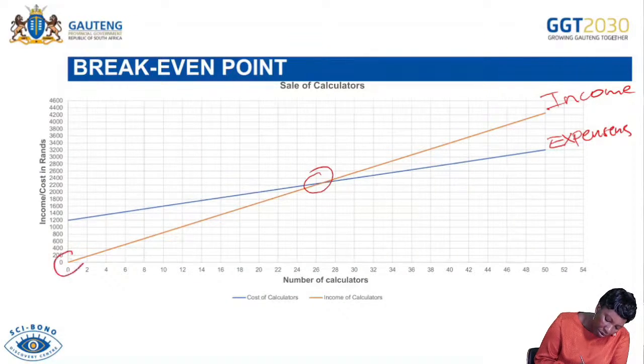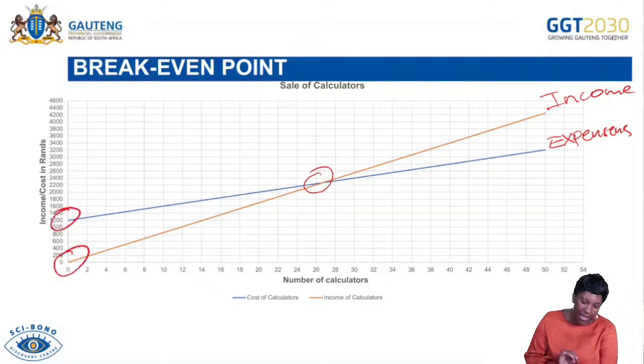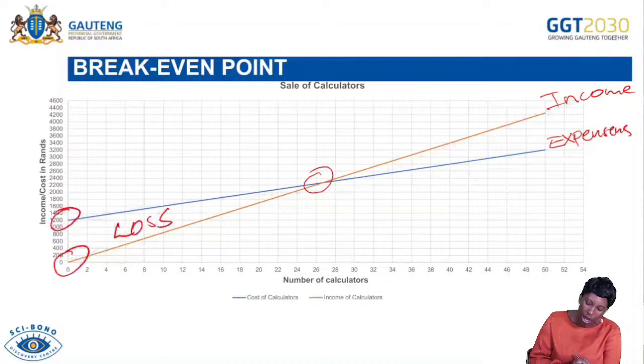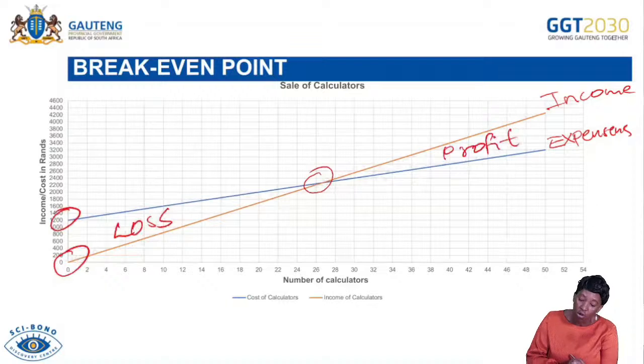A graph of income will start at 0, and then the graph of expenses starts at 1,200. Now if we check the orange graph, the income graph, it is less than the blue graph, the expenses one. It means here the company is experiencing a loss. But once the orange one comes on top of the blue one, here it is a profit. That is how you read it.